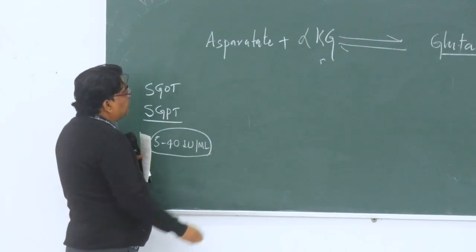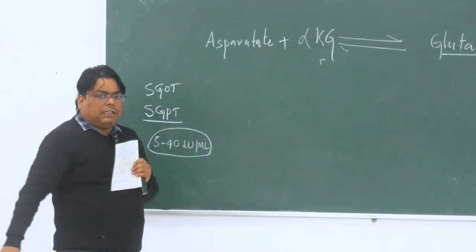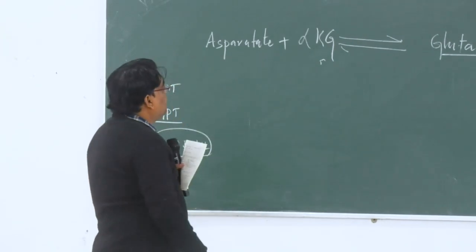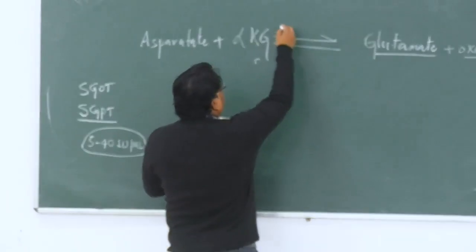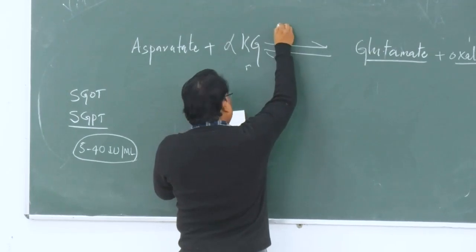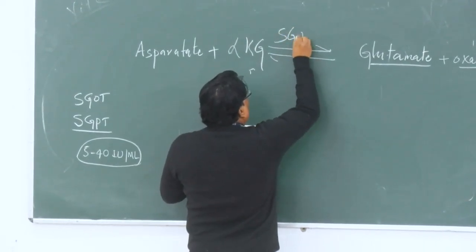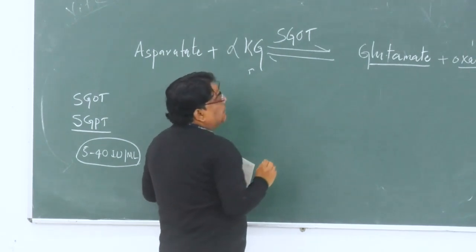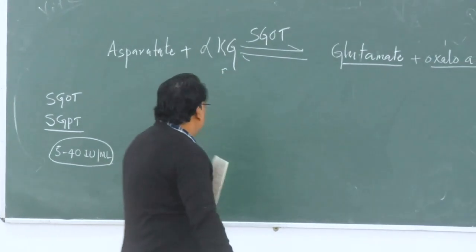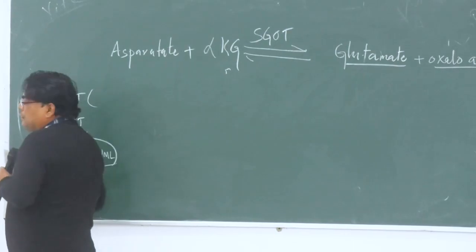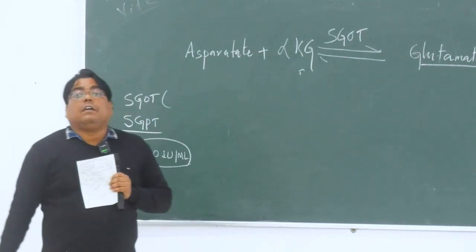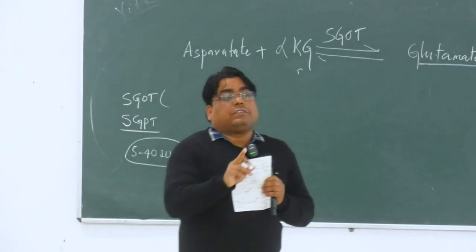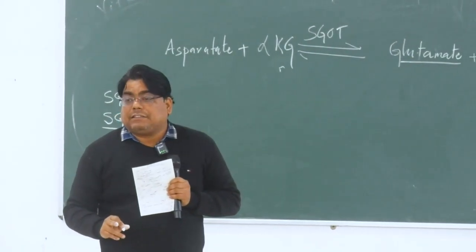The major function of SGOT and SGPT is what? Transfer of ammonia. So this is the basic enzyme of this reaction. SGOT is serum glutamate oxaloacetate transaminase.